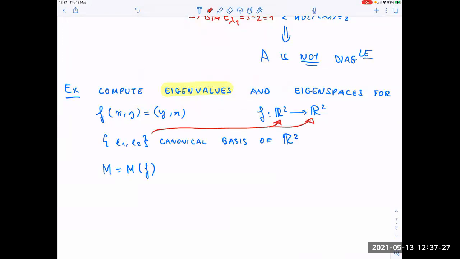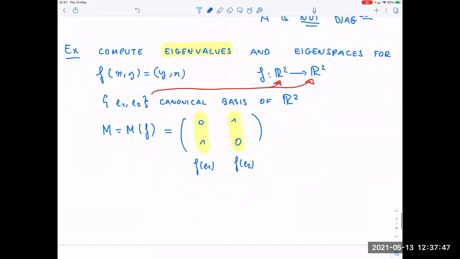Okay? And these bases we have, so we just write down the two columns, which is what we did before. So I have to write down f of v1, which is (0, 1), and f of v2, which is (1, 0). So here is the associated matrix. So I can write down the characteristic polynomial as the determinant of M minus x times the identity.